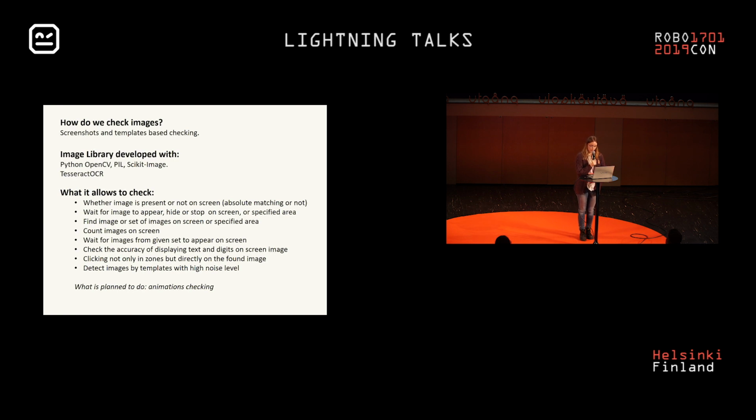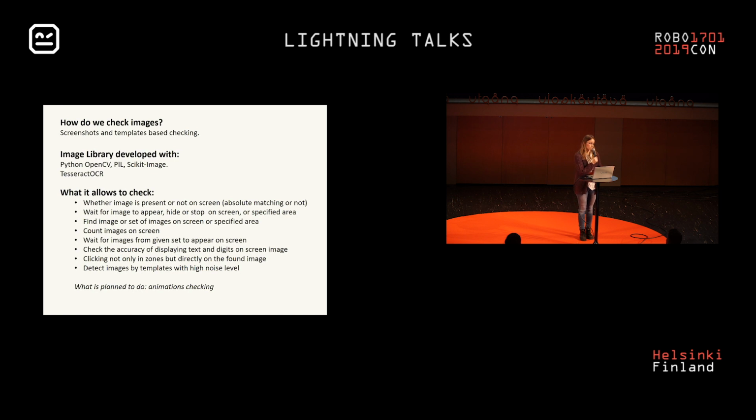We can find a set of images on the screen or the specified area. We can also count images on screen. We have, for example, more than one of the same image in different parts of the screen, and we can count the number of these images. As I said, we recognize text and digits from the screen and check the accuracy of their display.